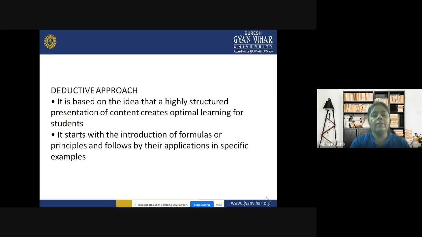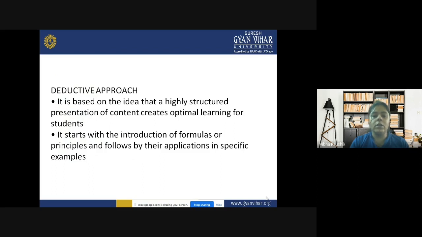Now the deductive approach. It is based on the idea that a highly structured presentation of content creates optimal learning for a student. It believes that if a highly structured presentation of content is presented in front of the students, it will create an optimum learning environment.